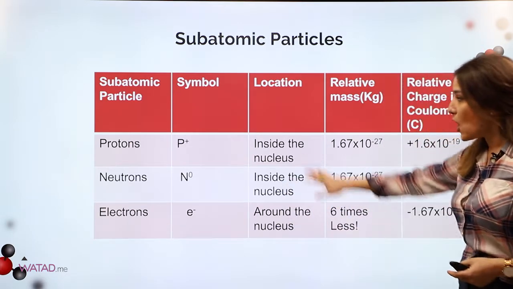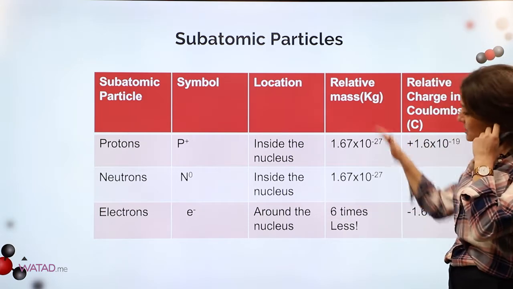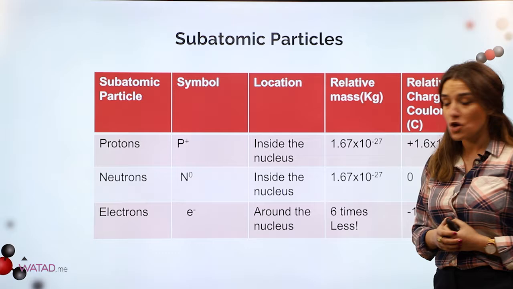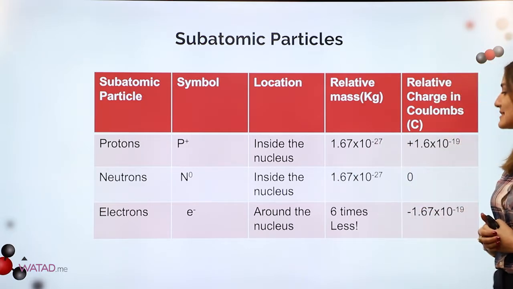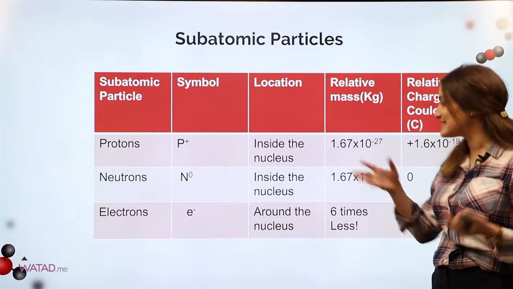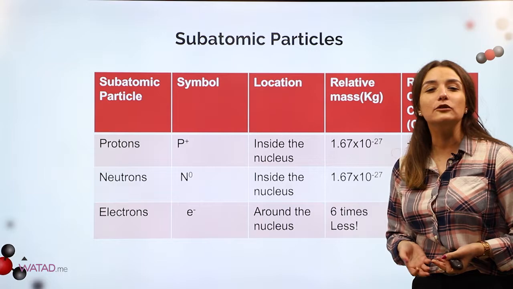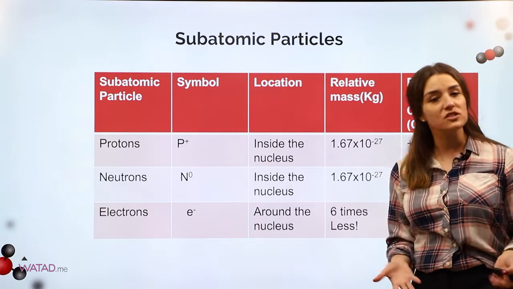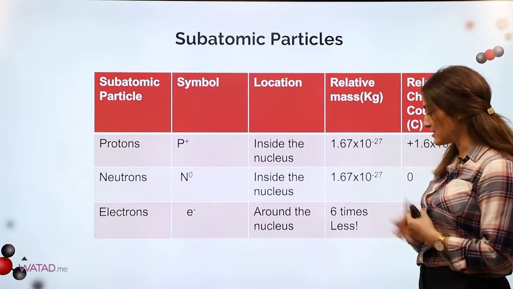And if we focus on the subatomic particles, let's focus on the mass of each. When it comes to the mass of the protons and the neutrons, we have 1.67 times 10 to the power minus 24. Actually, you don't need to memorize this number because most of the time it will be given to you in any exercise.